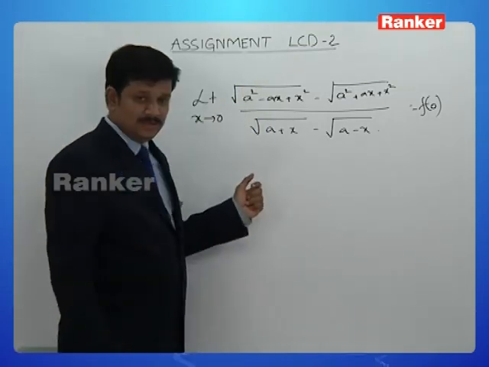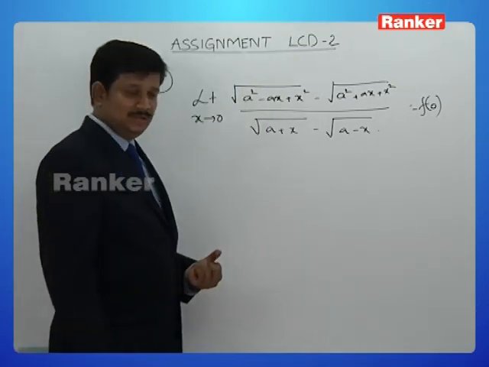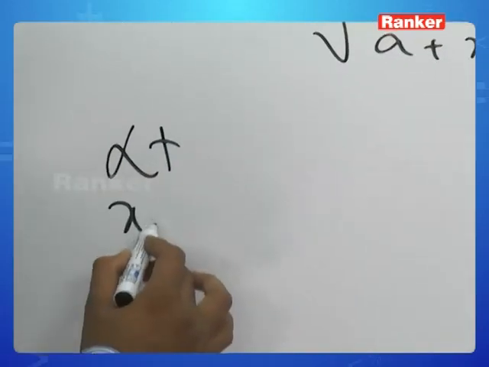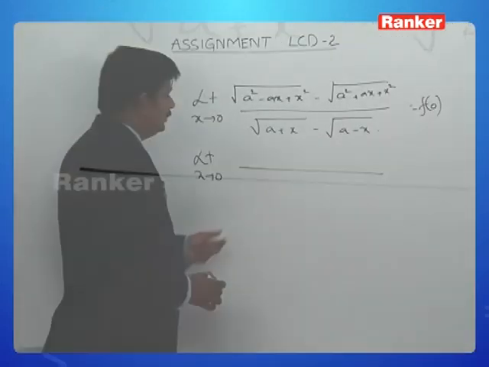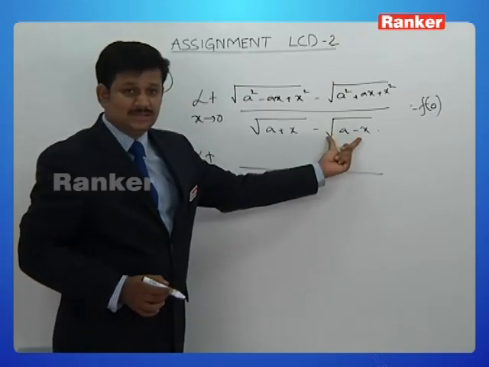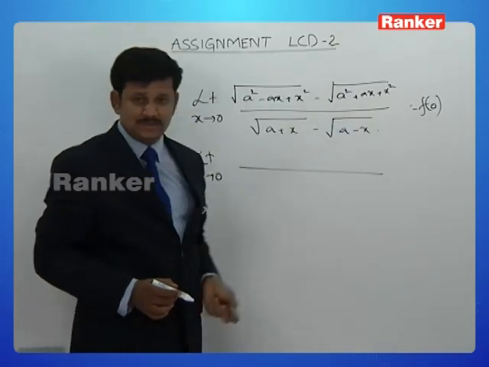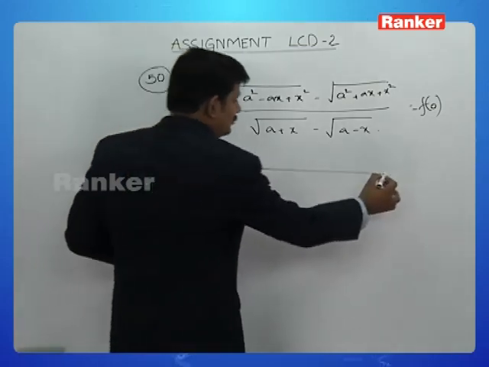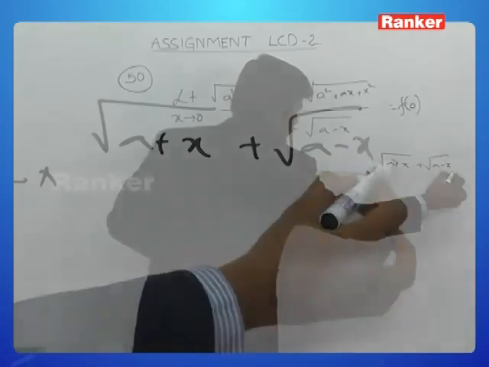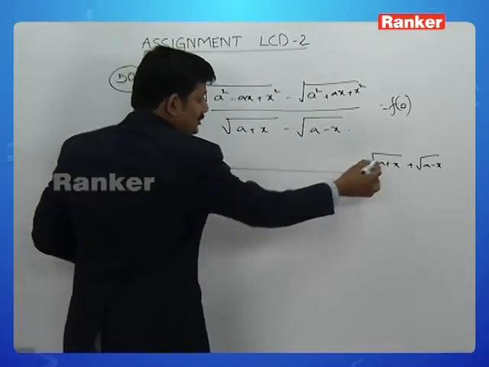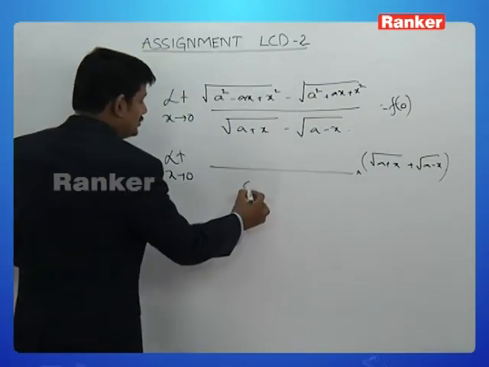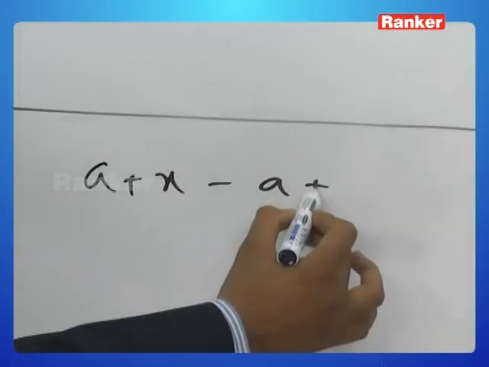To evaluate this limit, rationalize the denominator and rationalize the numerator. So, multiply by root over a plus x plus root over a minus x in both the denominator as well as the numerator. In the denominator, it is a minus b into a plus b, which is a square minus b square, which is a plus x minus a minus x.